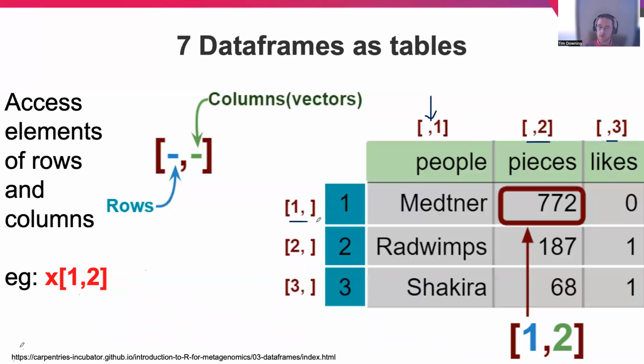And the same for the rows. 1 comma is the first row, and all the entries in that first row. So if we ask this of R, it will give us that full vector of all of the information in row 1. And it's the same for row 2, row 3. And we can ask ourselves what's in row 1, column 2, and that will return this particular value.